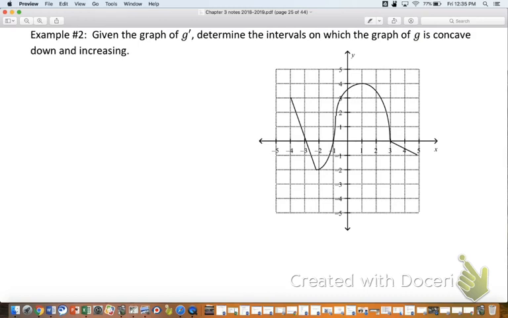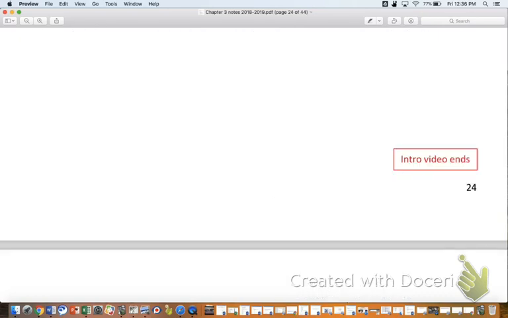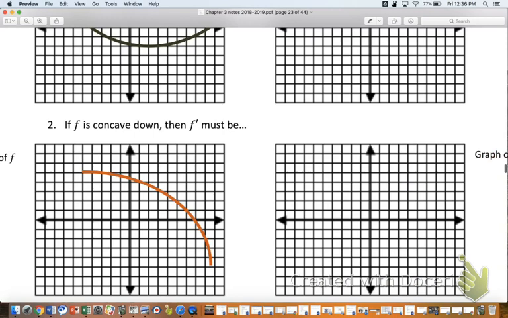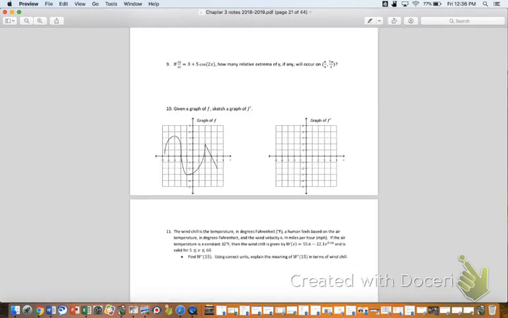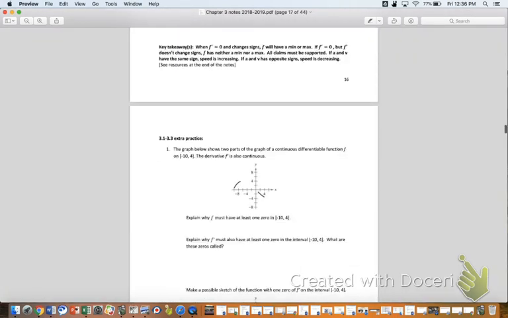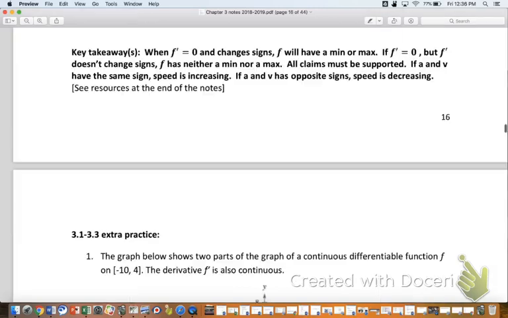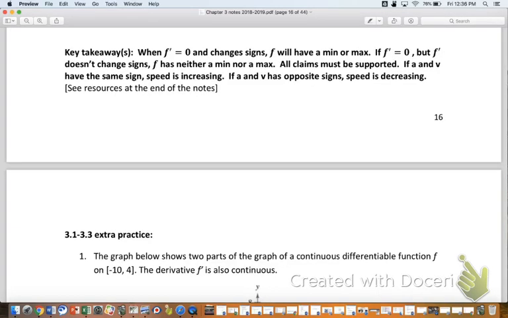Okay, let's do this. I want to make a point about something here. Like all of those key takeaways that you've seen, let me just show you. These are the key concepts and skills you've got to bring out.